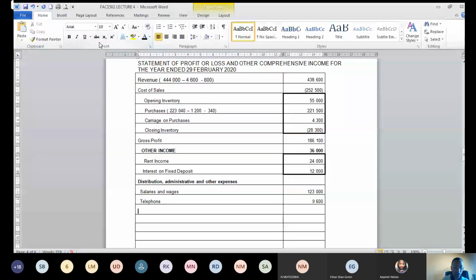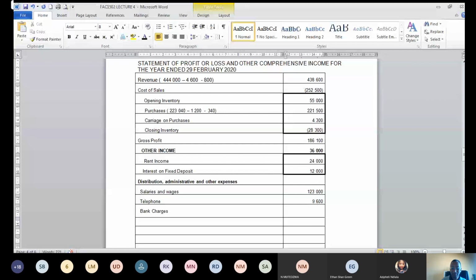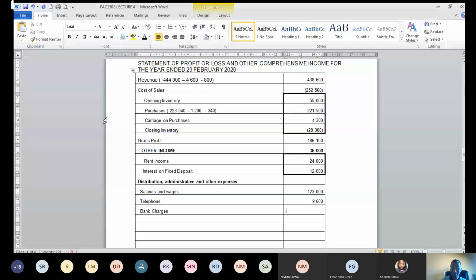So the next one will be bank charges. Bank charges amount is the amount of 2,400 Rand.